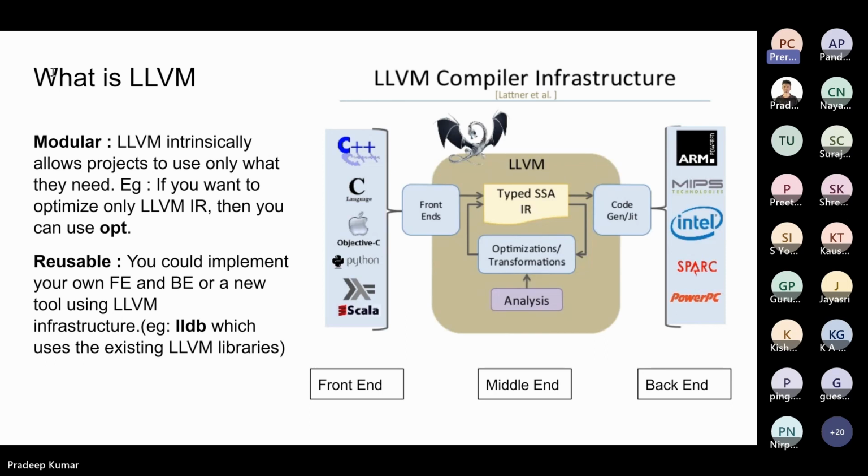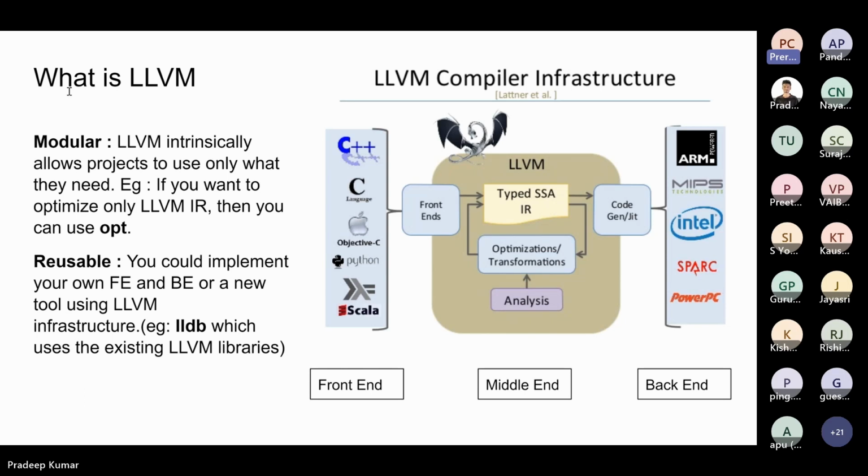So you will use a tool called opt. What I mean is that the LLVM infrastructure project gives you a lot of tools which you can use. It's not monolithic, so you don't have to use the complete compiler. You can take parts of it and use it as you want. You can even add your own code to it. That's the power of the LLVM project, which is enabling so many known technologies.